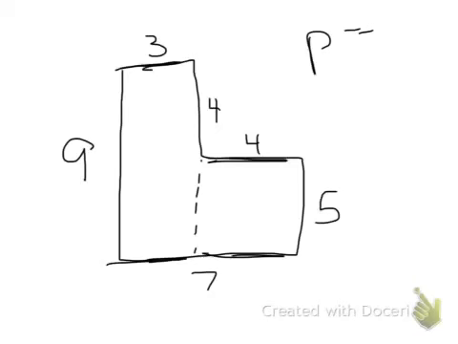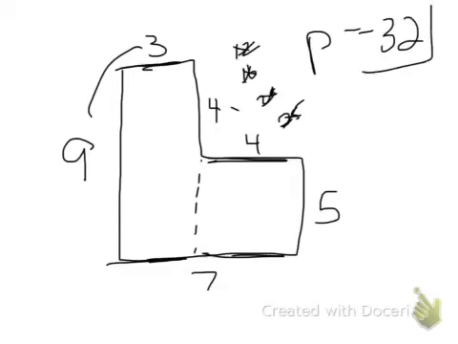So then all we're going to do is add around. 9 plus 3 is 12. 12 plus 4 is 16. 16 plus 4 is 20. 20 plus 5 is 25. And 25 plus 7 would give us 32. So our perimeter is 32.